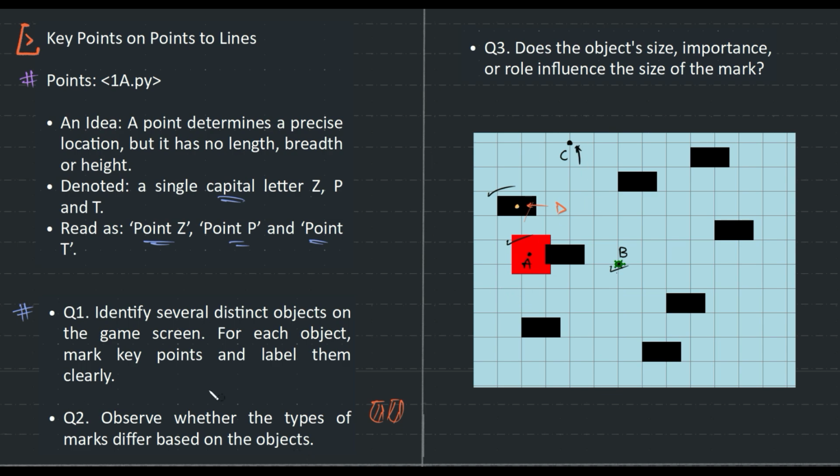So the answer is no difference. Does the object size, importance, or role influence the size of the mark? Again, the answer is no. Even the red goal has the same marking as the obstacle.